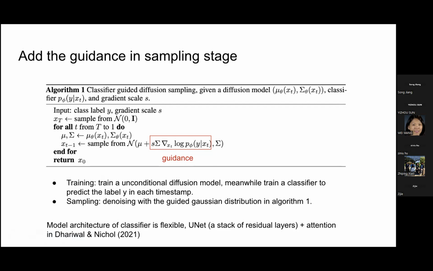You don't have to combine the diffusion process with the classifier training process. In this case, the pre-trained classifier must be a noise-robust classifier. Otherwise, if you give me a noisy image, how should you predict the label Y?